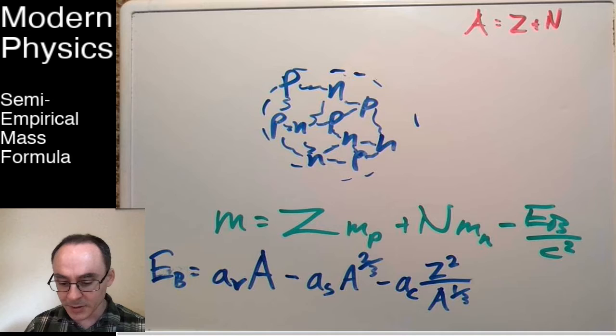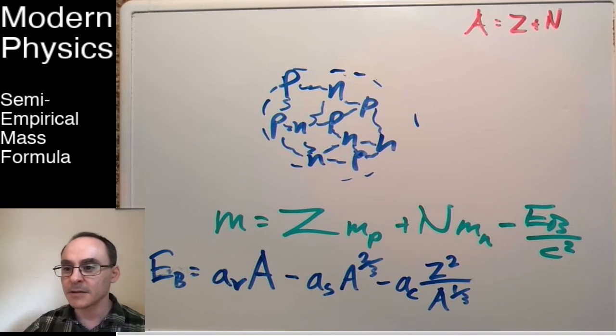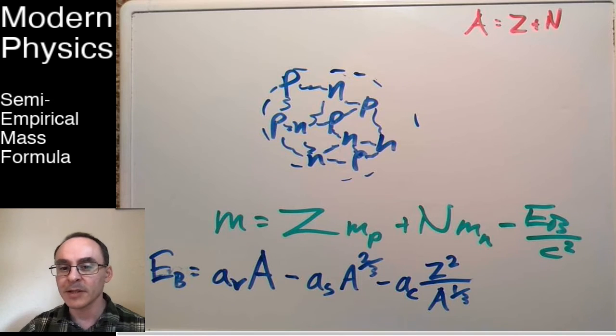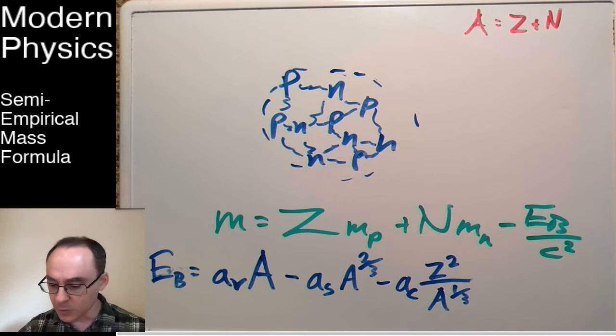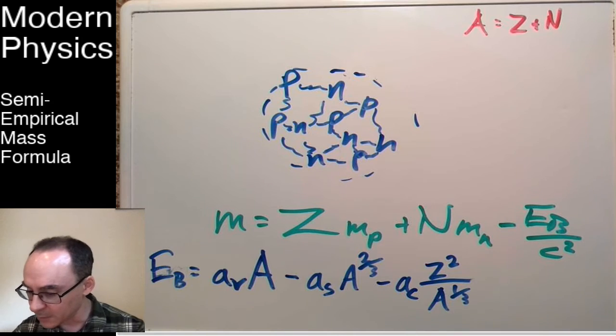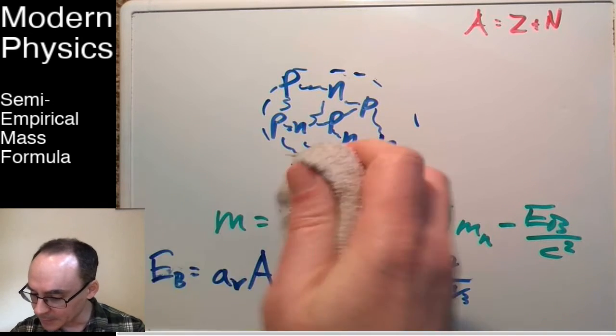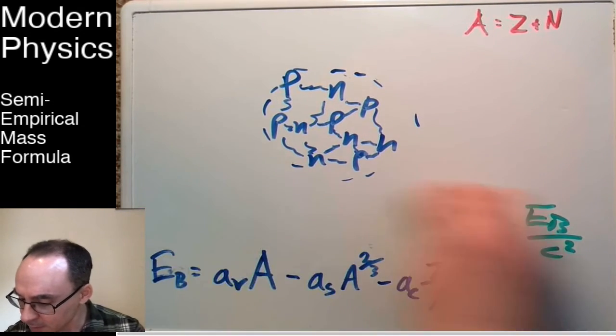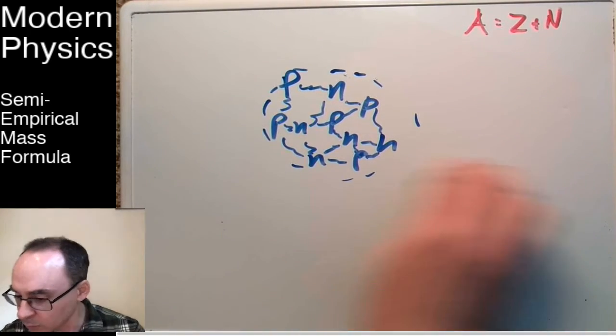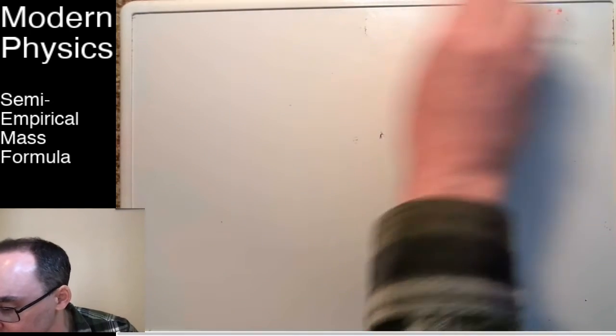But there are 2 other important terms to explain some of the more detailed structure we saw, like why stable elements go along like 2 in each direction and give you this weird zigzag line. So the next 2 terms in this equation are trying to account for quantum structure. Those will take a little more explaining, so let me clear this for now. We'll write it back up in a minute.